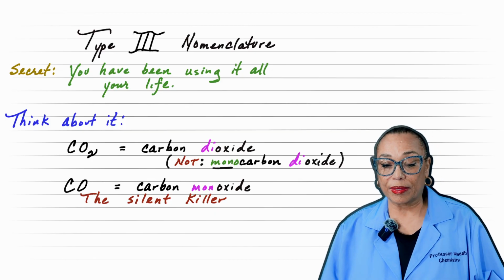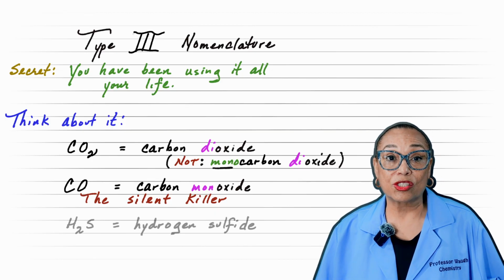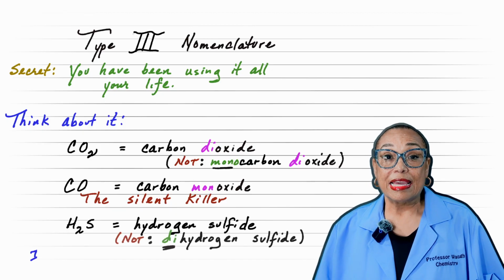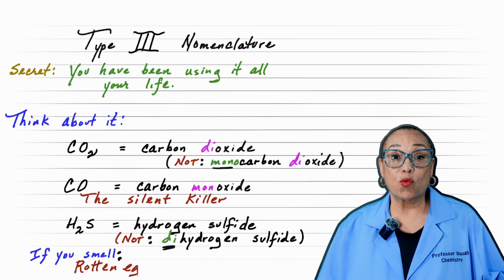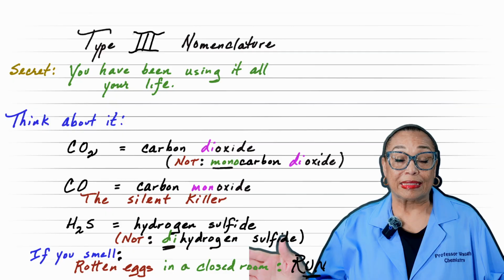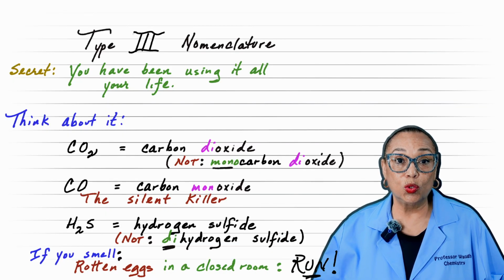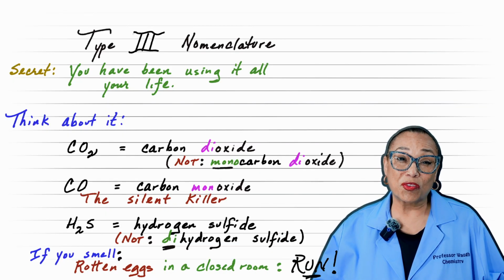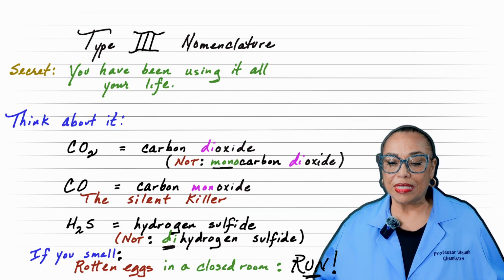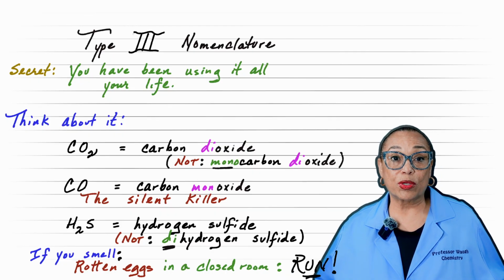Don't do that, don't do that. And then hydrogen sulfide gas. If you smell rotten eggs, run. Get out of that closed room because you will suffocate and die. All of this is Type III Nomenclature, okay?